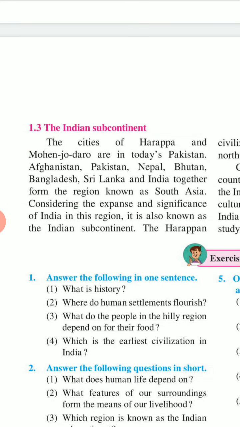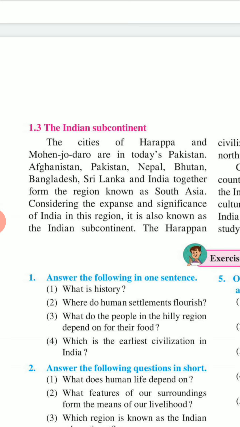Let's see what the Indian subcontinent is. The cities of Harappa and Mohenjo-daro are in today's Pakistan. Afghanistan, Pakistan, Nepal, Bhutan, Bangladesh, Sri Lanka, and India together form the region known as South Asia.